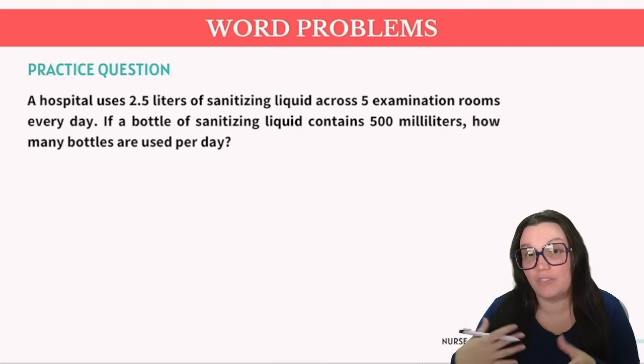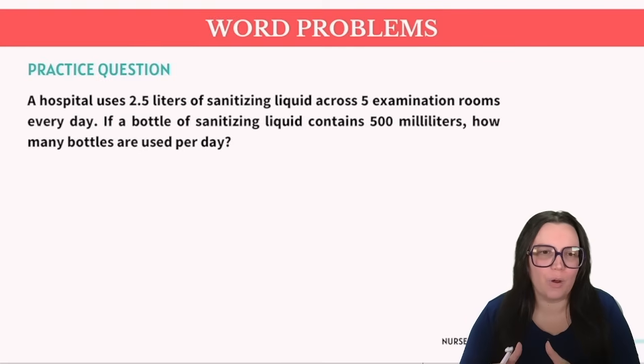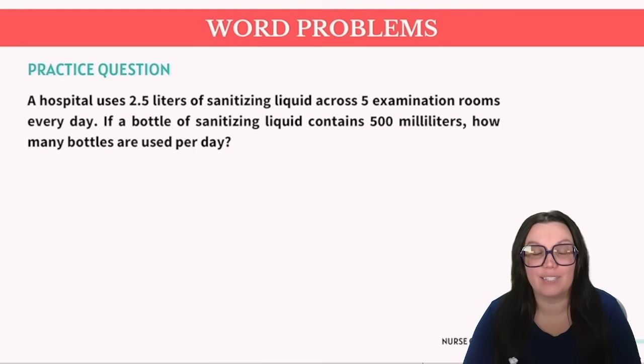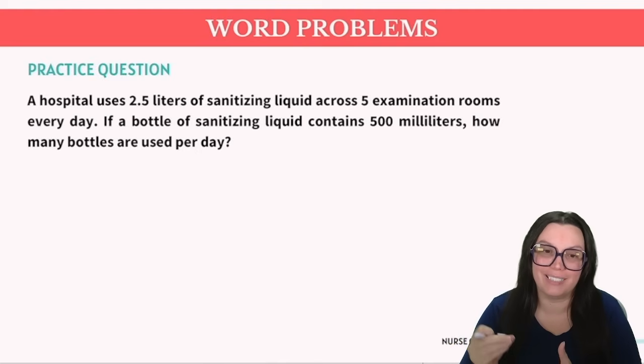So let's work on a little bit of a longer word problem. So this word problem states a hospital uses 2.5 liters of sanitizing liquid across 5 examination rooms every day. If a bottle of sanitizing liquid contains 500 milliliters, how many bottles are used per day?